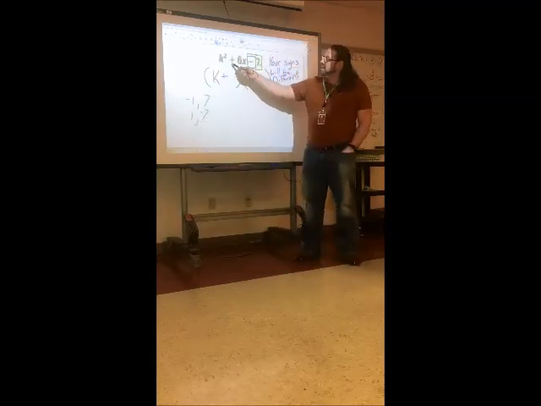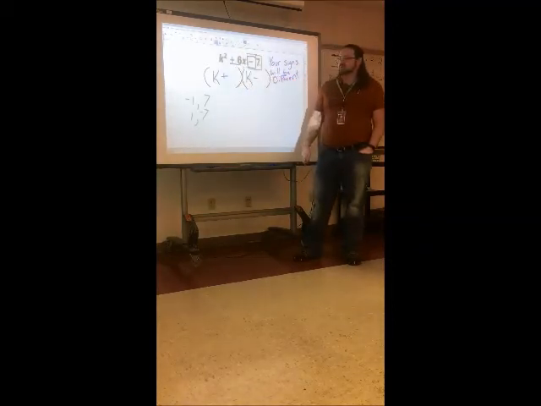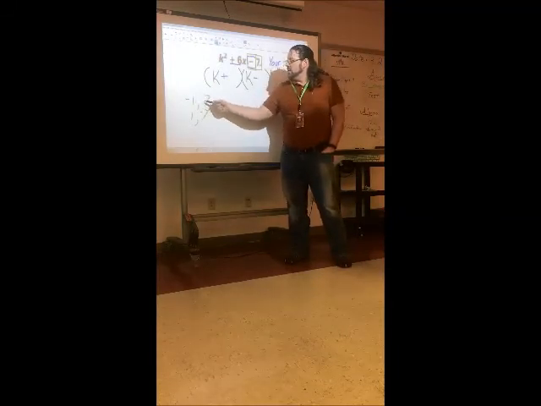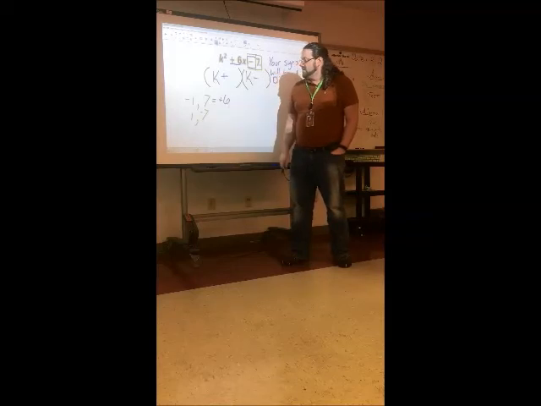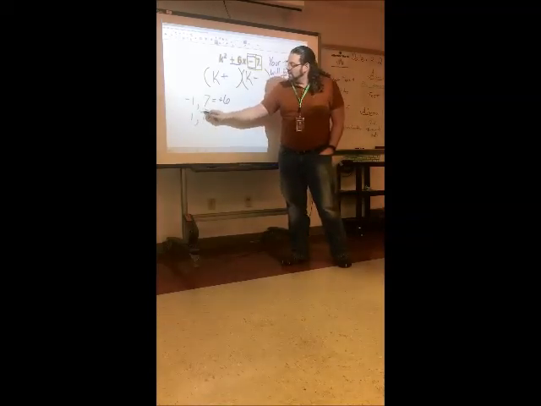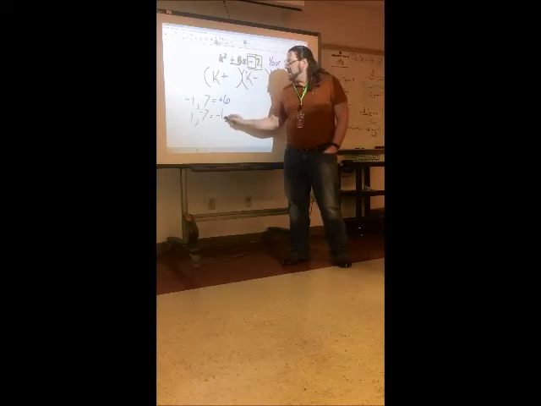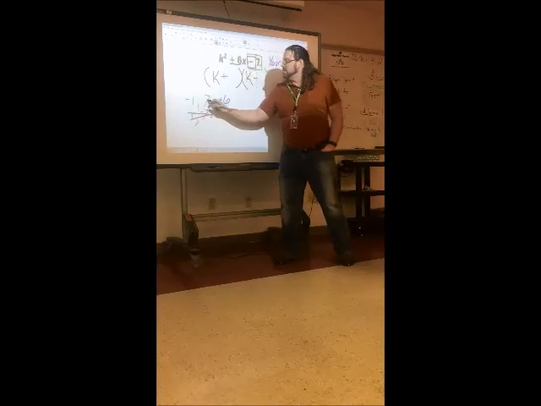So now we need to come up with a +6. So let's add them together. -1 plus 7 gives me a +6, where 1 plus a -7 gives me a -6. So this is not the one I want to use. I want to use this.